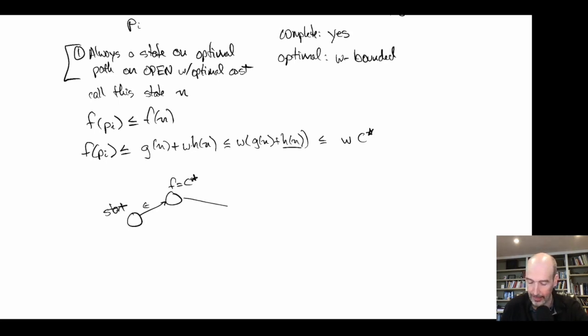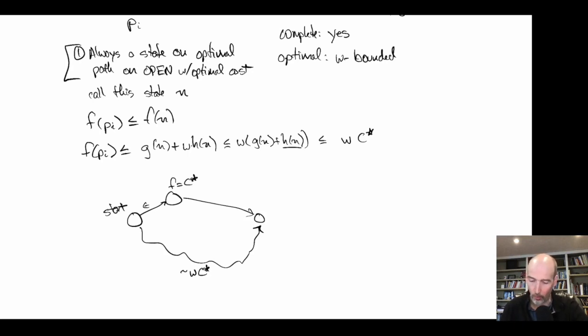And in that case, I can have some suboptimal path that goes here that is approximately w times c star. There are some epsilons we might have to deal with, but as epsilon goes to 0, this basically goes to w times c star. And so this is how we can be up to w times suboptimal.